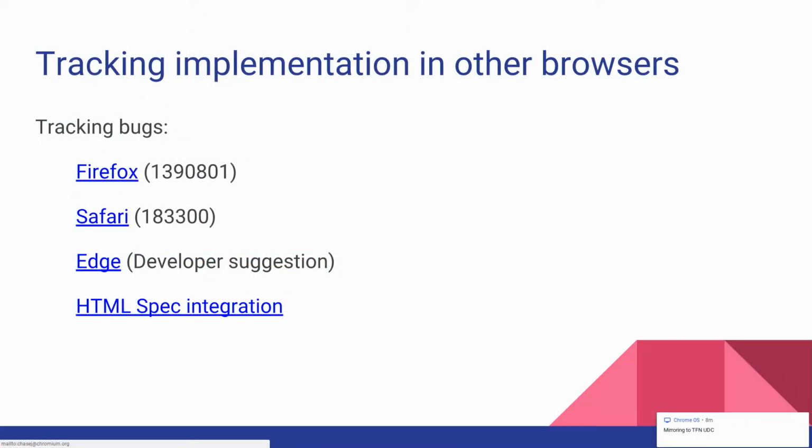So if we have a media element that doesn't have a specified size, with feature policy, we will load it with a default size to prevent relayout. And we're very glad that other browser vendors are on board with us. And here are the ways you can track their progress on feature policy.